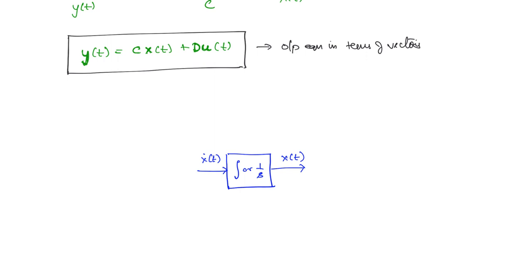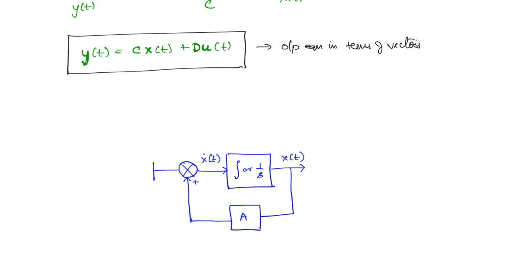Then again, from the state equation, x dot of t is equal to A times x of t plus B times the input vector. So first you can draw this A here. This is the A matrix, and this is going to go to the summer function here. Okay, so this is plus.